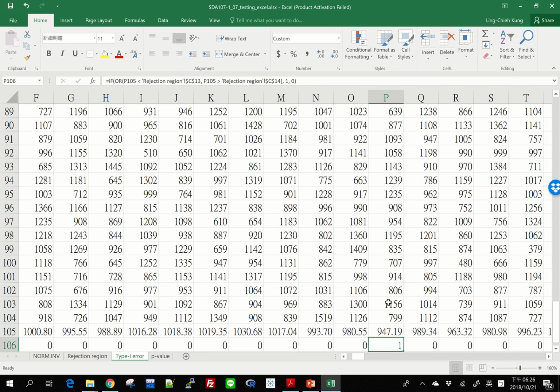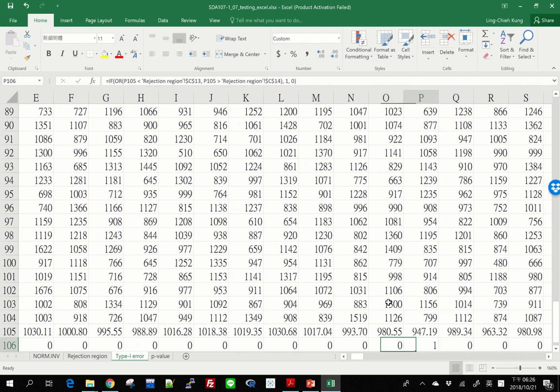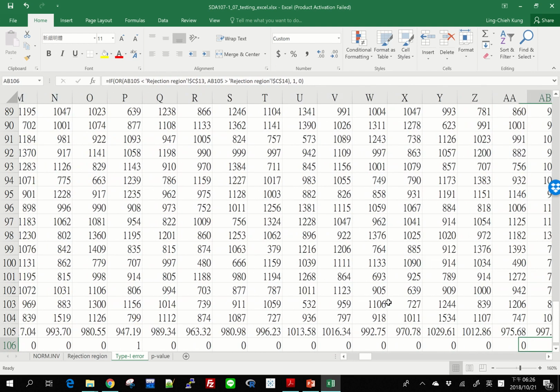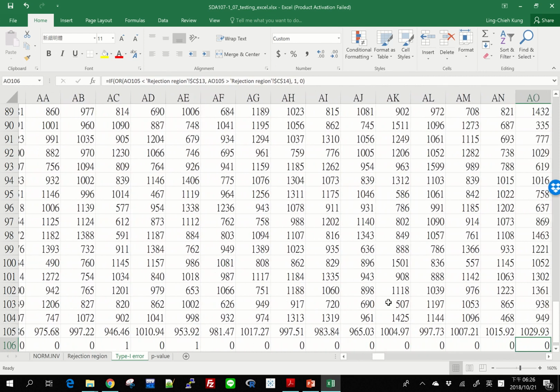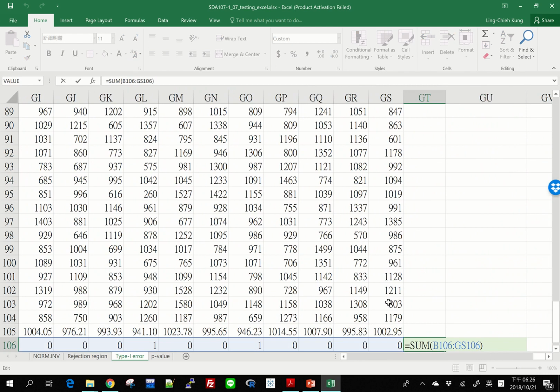Okay? We want to use those 200 experiments to see whether the probability for us to make type 1 error is under control. So roughly we can see, okay, a lot of zeros, so we're not making mistakes a lot, and sometimes we get 1, but most of the time we are getting 0, right? So basically, why don't we just sum them?